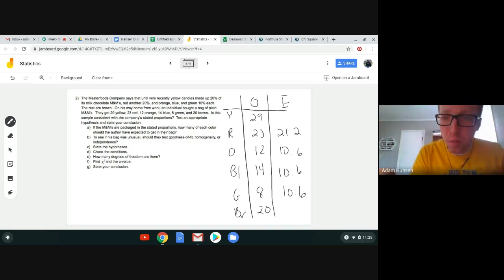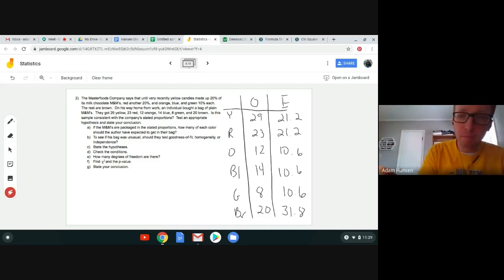Yellow was also 20%, so that should be 21.2. I did not quite get that written down. The rest are brown, so it's 20, 40%, 70%, 30% should be brown. 106 times 30% is 31.8. How many of each color for part A? That would be this column right here.